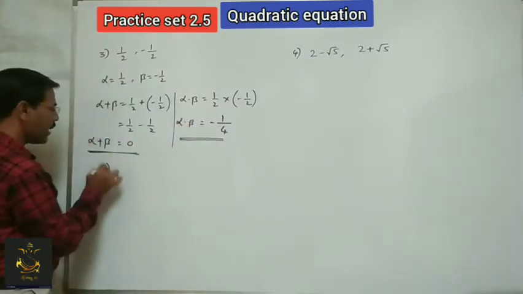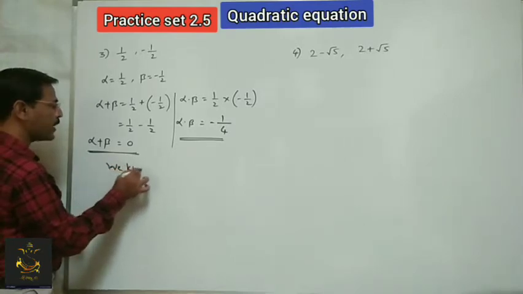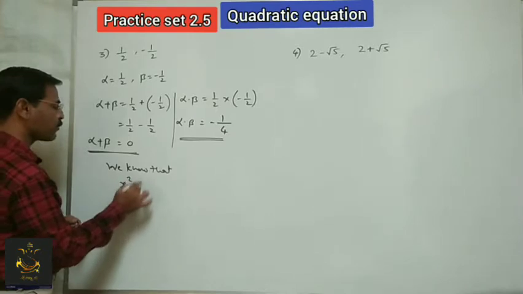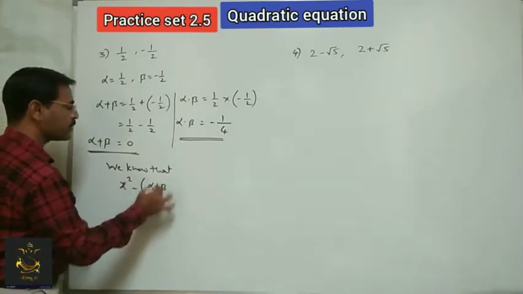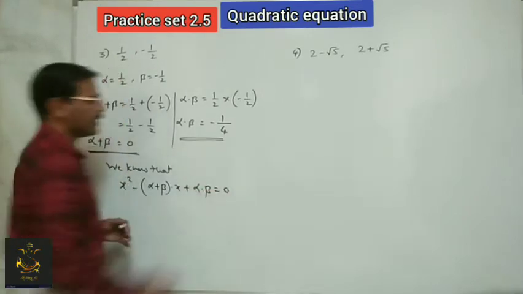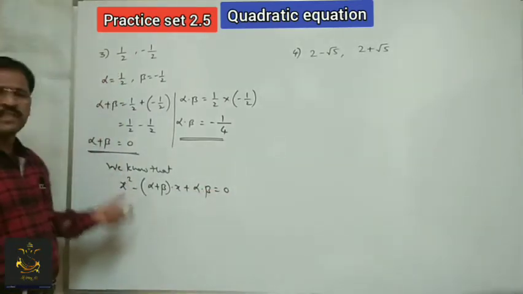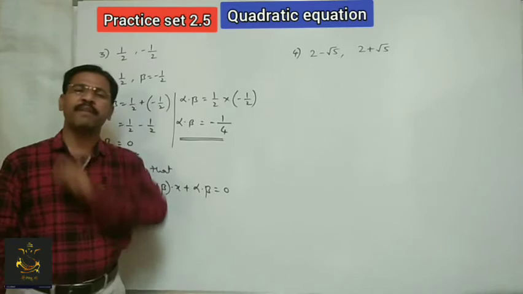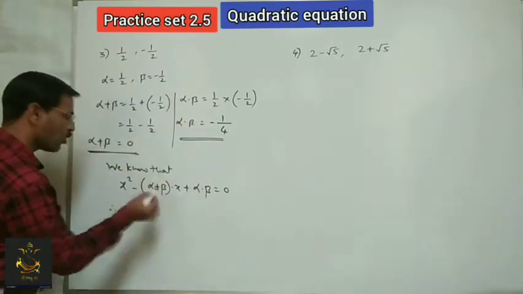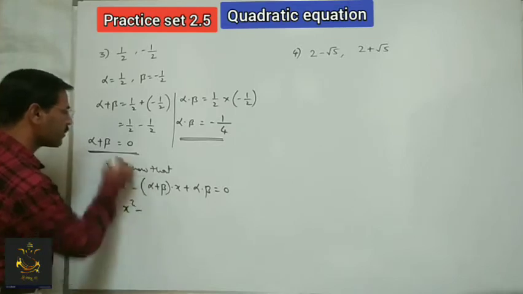Okay? Now what we know is x square minus (alpha plus beta) x plus alpha into beta is equal to 0. Now in this standard form, we are going to put the values of alpha plus beta and alpha into beta to get the quadratic equation. x square minus, what about this one?